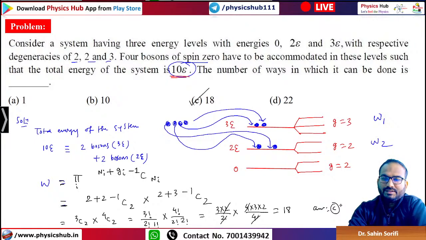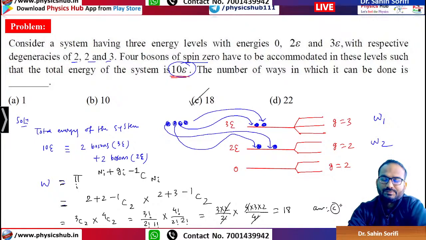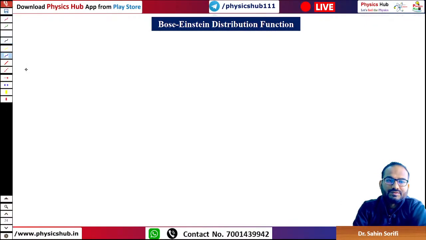Now let's quickly talk about Bose-Einstein distribution function. The way we had our Maxwell-Boltzmann distribution function, here also we will have the Bose-Einstein distribution function. Probability for the energy level Ei being occupied is a ratio of the number of particles by the number of states.